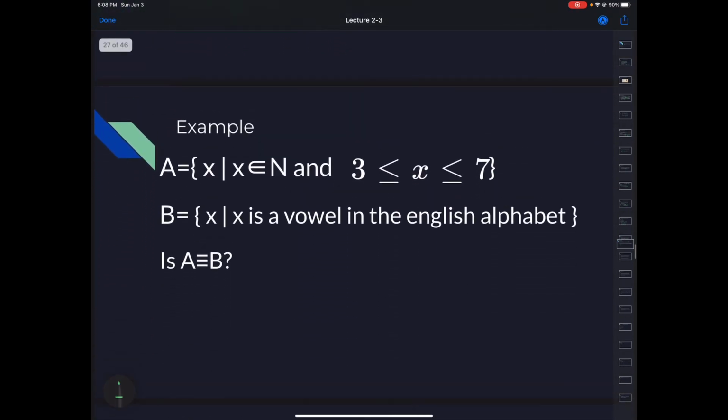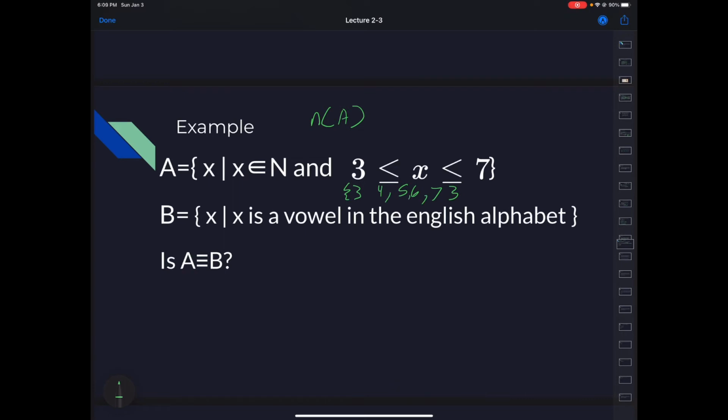For example, let's look at these couple examples. A here is equal to {x | x is a natural number, and x is between 3 and 7 inclusive}. So let's figure out the cardinality of A, the little n of A. 3 is included, 4, 5, 6, 7.